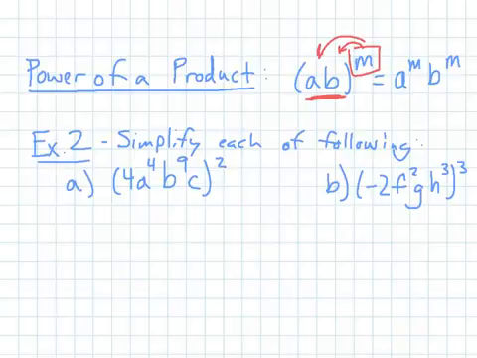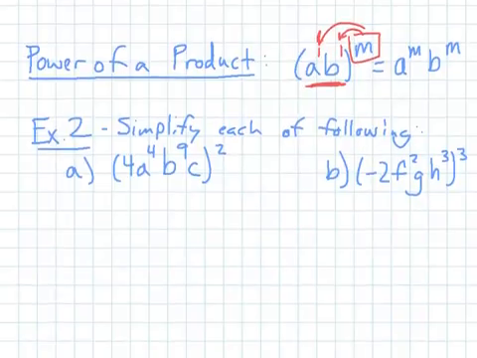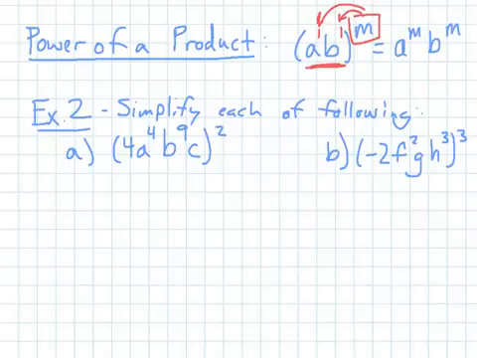Whatever that power is, they're multiplied. So like here, the reason why they're just m is because a and b are both to the first power. So 1 times m is m, 1 times m is m. Okay? So example 2, letter A, has 4a to the 4th b to the 9th times c, all squared. So that means I'm going to take each one of these things to the second power, even the number.